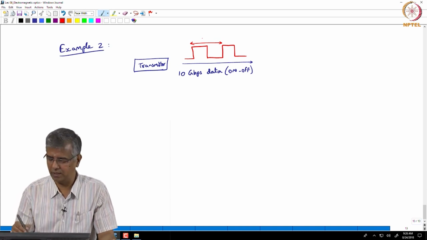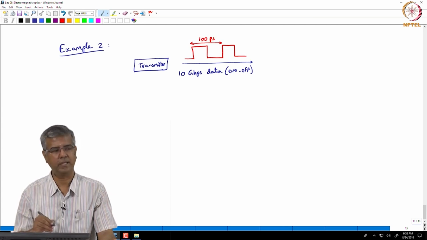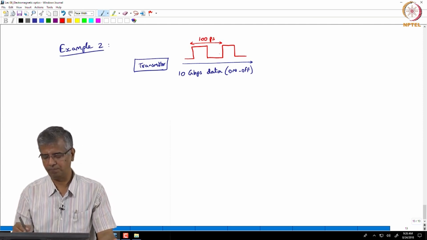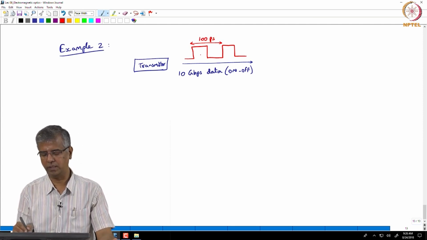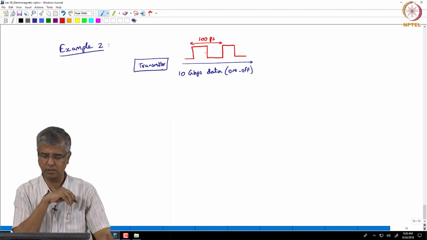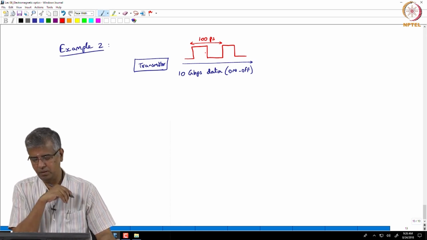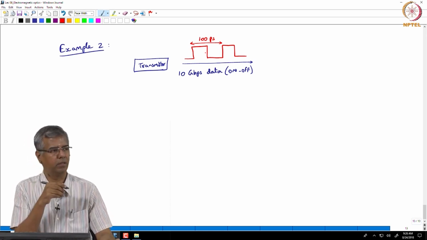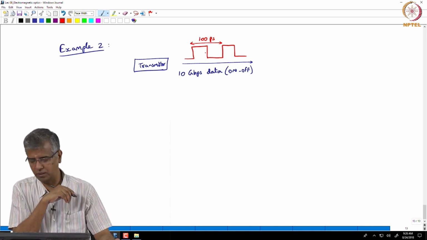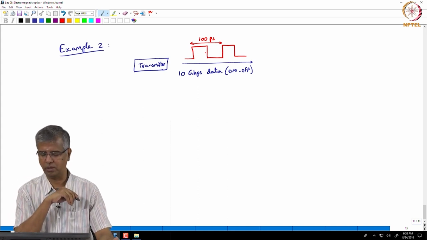So 1 over 10 gig will be 100 picoseconds. So within that 1 bit, which is in the order of 50 picoseconds, you either turn on or turn off the photons.